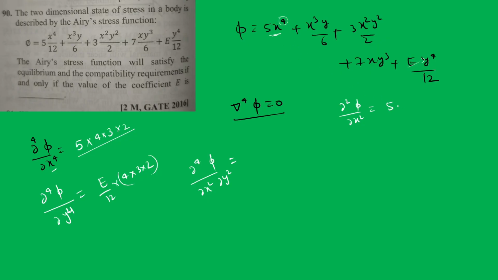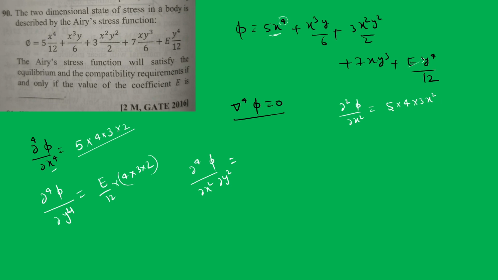So this will become 5 into 4 into 3 x square.